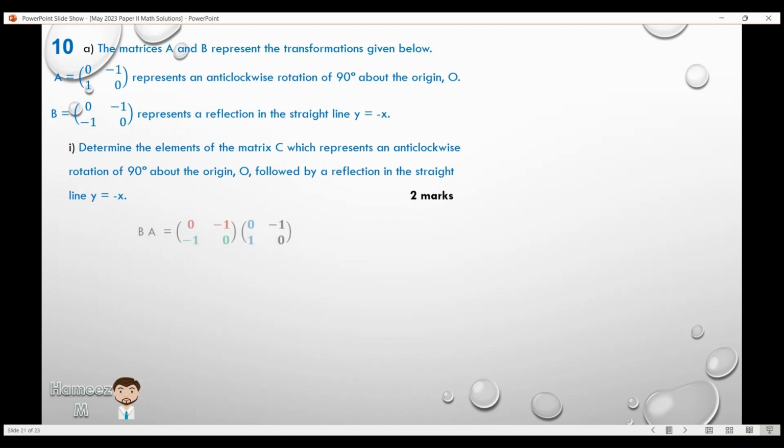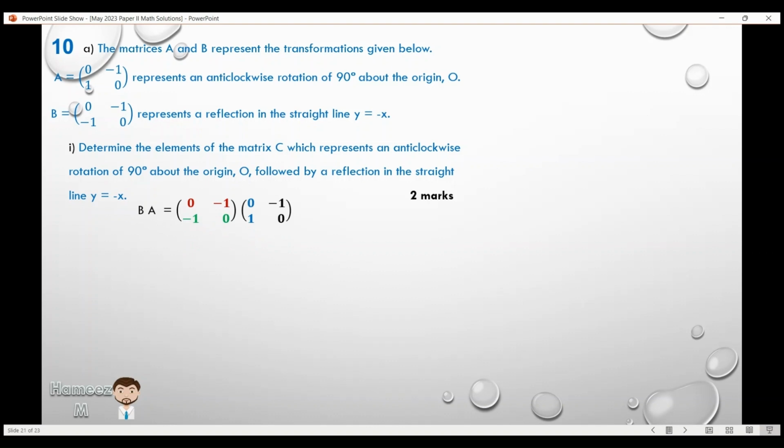So it will be BA, which is, if we substitute from above, 0, minus 1, minus 1, 0, multiplied by 0, minus 1, 1, 0. The matrix B times the matrix A. I've color-coded it to give us a little hint on how to multiply 2 by 2 matrices. So the rows in the first matrix are multiplied by the columns in the second matrix.